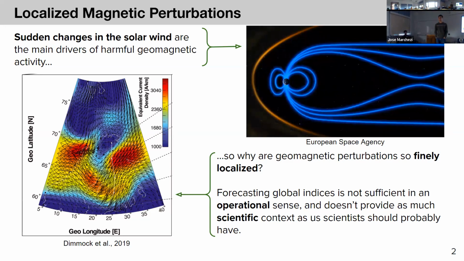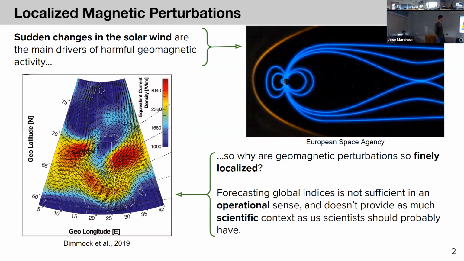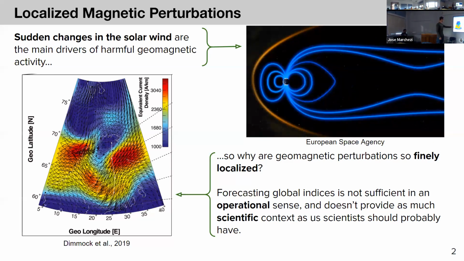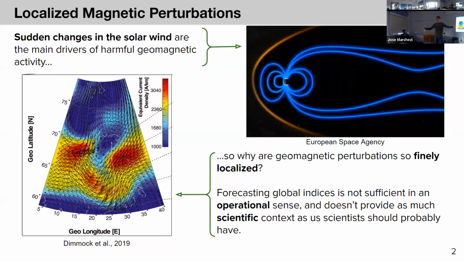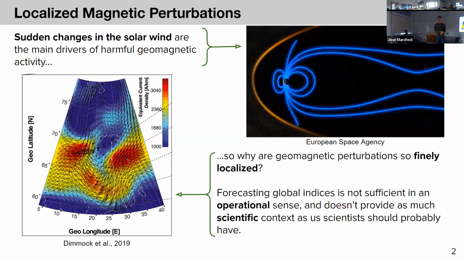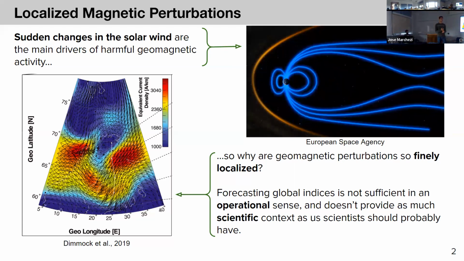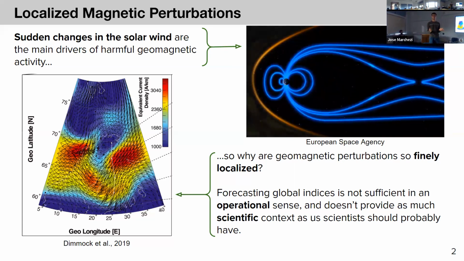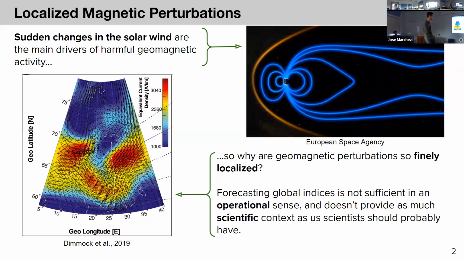So this is a problem in a forecasting sense, because you don't want to predict what is going to happen in Helsinki and say that's going to happen everywhere in the region, because it won't. And it's also a scientific problem because the causes of that degree of fine structure aren't really known to the best degree we could.